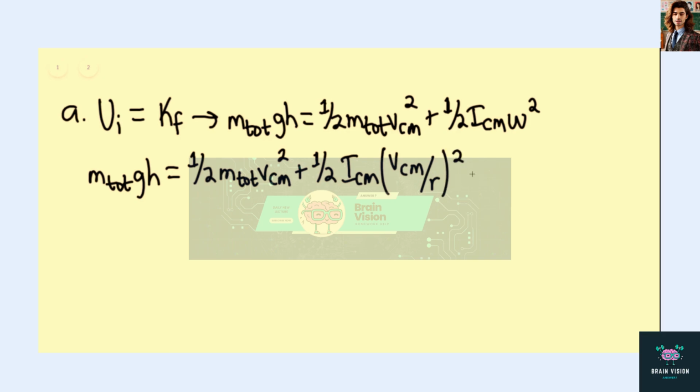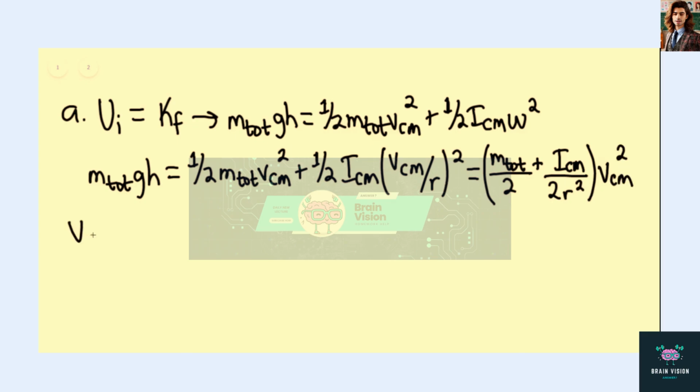And so this would equal the total mass divided by 2 plus the moment of inertia through the center of mass divided by 2 times r squared, quantity multiplied by the velocity of the center of mass squared.